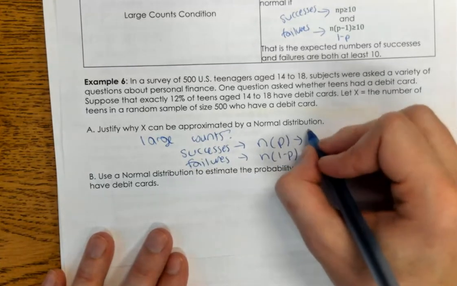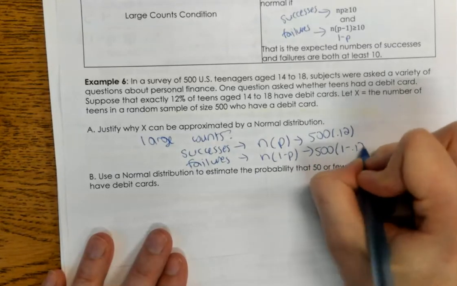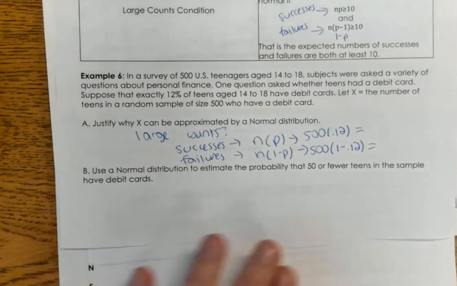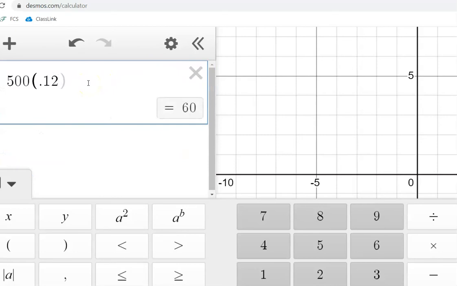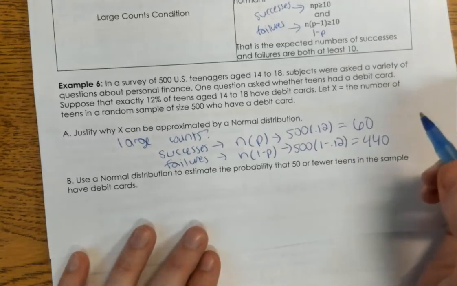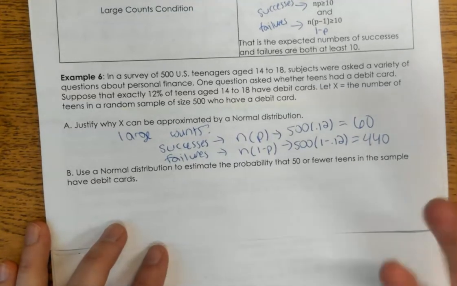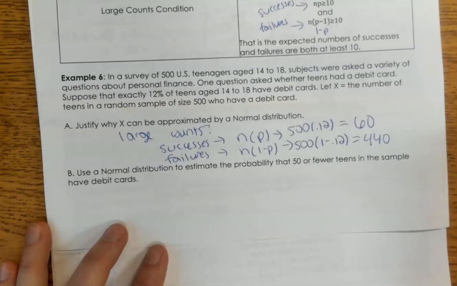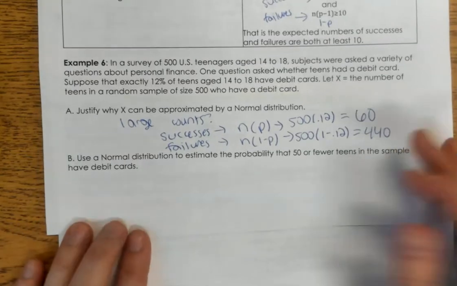So n times p, 500 times 0.12, is going to give me 60. And then my failures would be 440. Both of them are greater than or equal to 10. So yes, I can use a normal distribution because as the number of trials increases, the binomial distribution gets closer to a normal distribution. All right, so use the normal distribution to estimate the probability that 50 or fewer teens in the sample have debit cards.